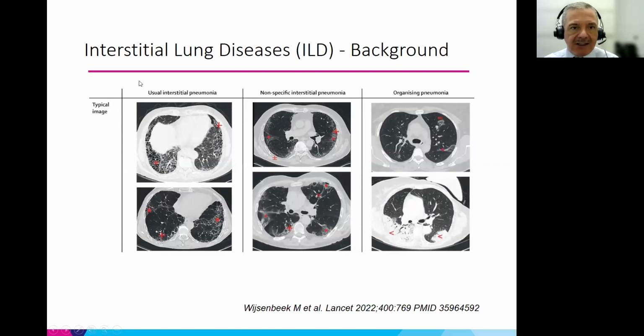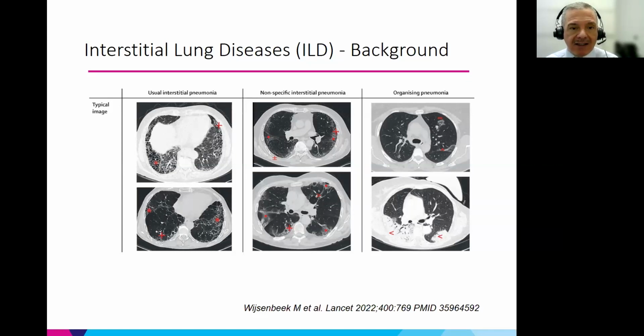The ILDs have become an entity of patterns, and with the advent of CAT scans, we get very detailed images, and we tend to look at these different patterns as indicators of the potential disease that is going on. Surgical lung biopsy is a very cumbersome procedure with high morbidity and occasional mortality.